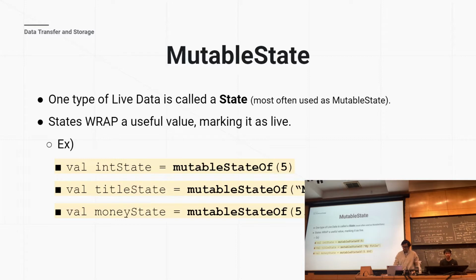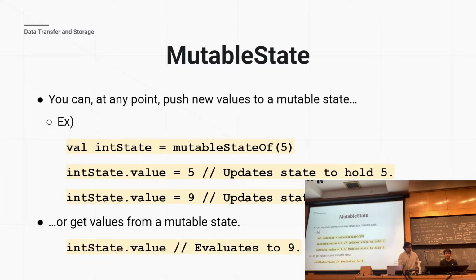So, this is the way we actually access as well as update the states. It is a simple dot value. So all you have to do is, if we want to change the int state here, do intState.value, and then set it equal to something, and now I set it equal to 5, it sets it equal to 5, right?